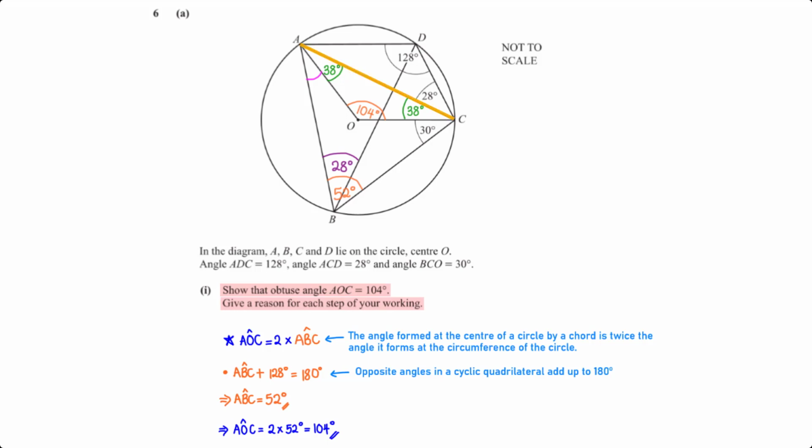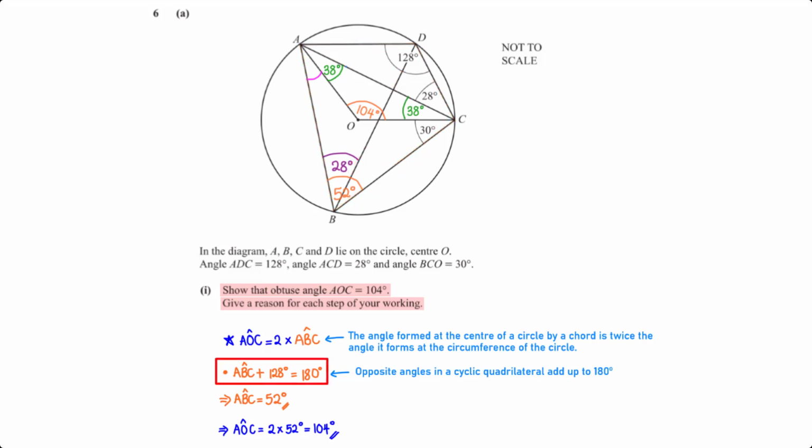Chord AC subtends angle AOC at the center of the circle and subtends another angle ABC at the circumference of the circle. This means angle AOC is twice angle ABC. ABCD is a cyclic quadrilateral. Opposite angles in a cyclic quadrilateral should add up to 180 degrees.